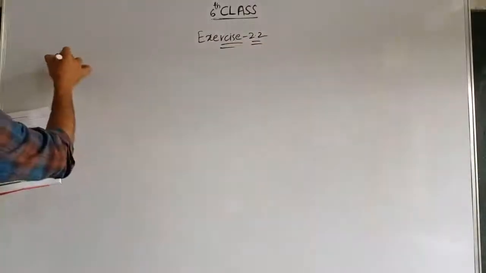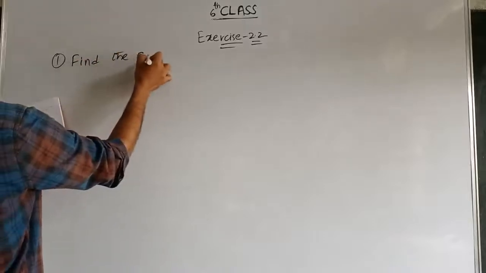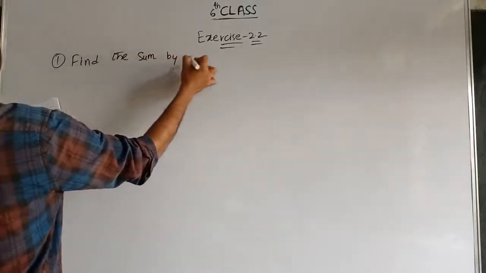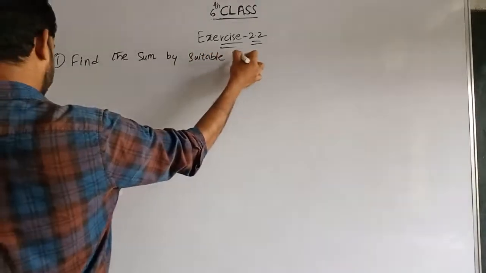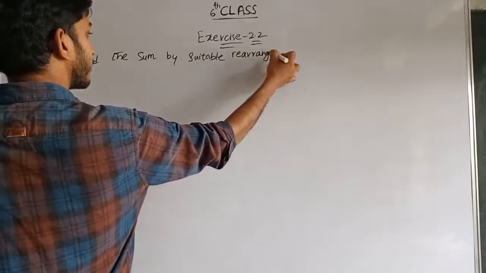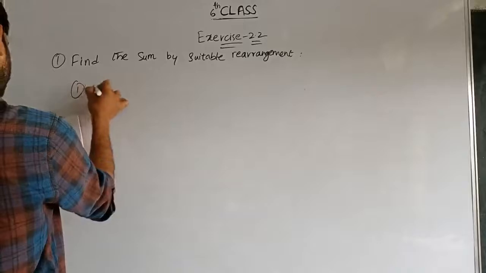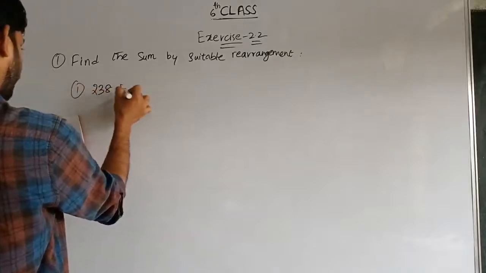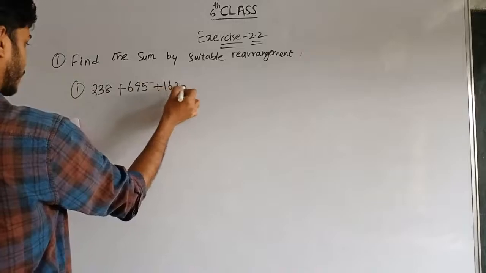In this, the first problem is: find the sum by suitable rearrangement. The first one is 238 plus 695 plus 162.